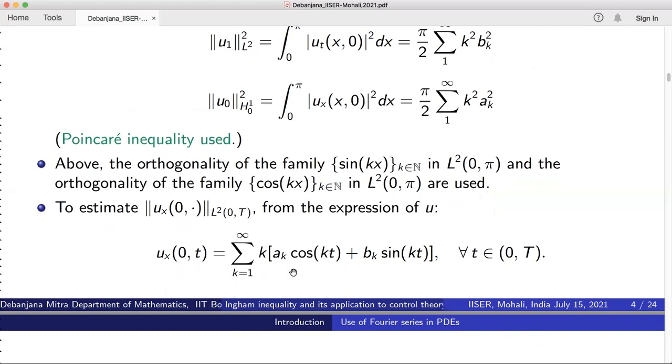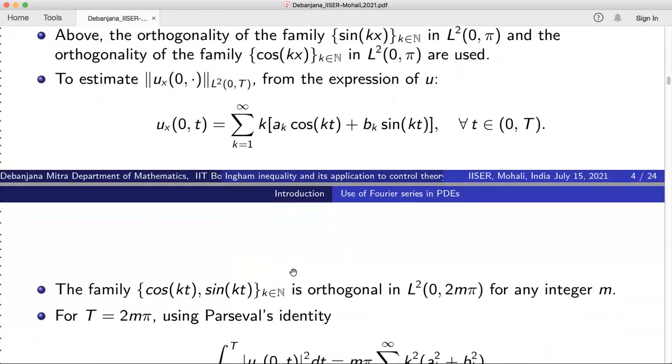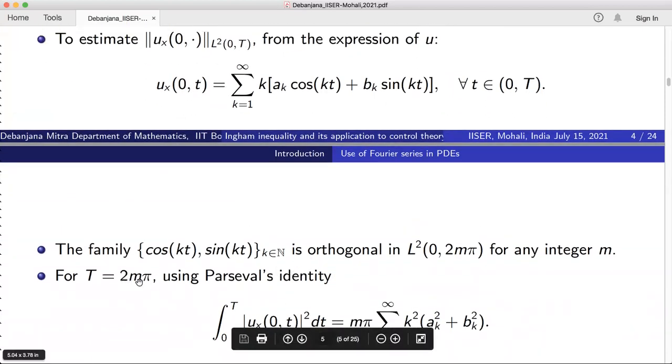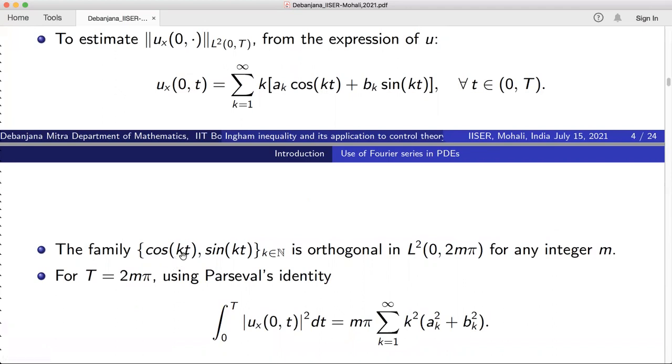So here everything is fine. In particular, if capital T is of the form 2m pi, or for the simple case, imagine T is equal to 2 pi, then we know that cos kt and sin kt form an orthogonal set in L2(0, 2 pi), and in particular in L2(0, 2m pi) for any integer m.